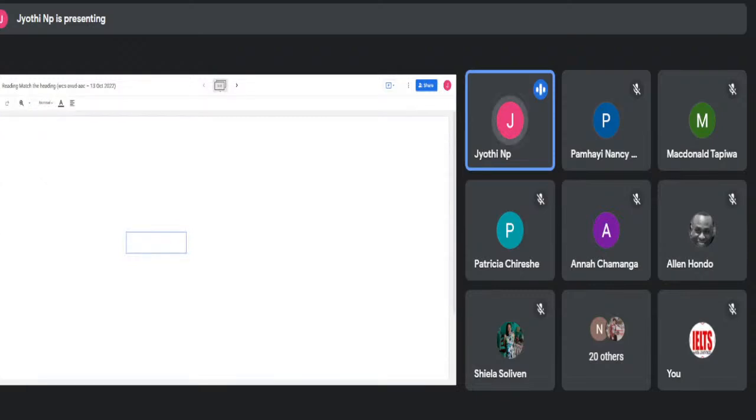And then you need to read the headings. When you're reading the headings, you need to look for the keywords and the clues, and also the synonyms and the paraphrase, and then go ahead and match. Now let's take one example.